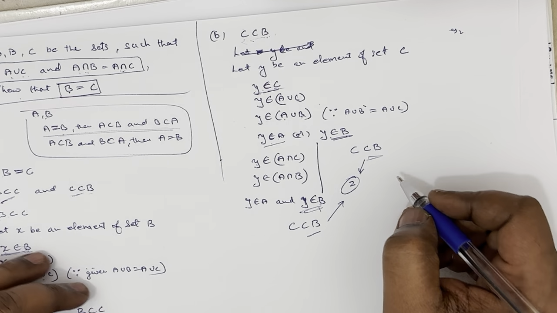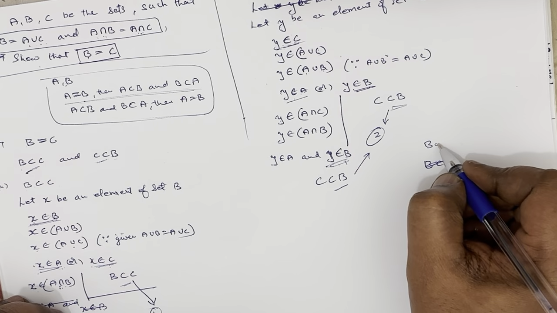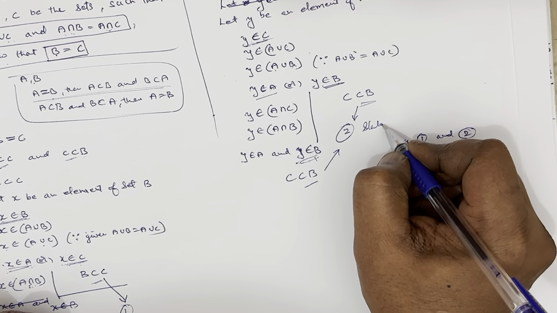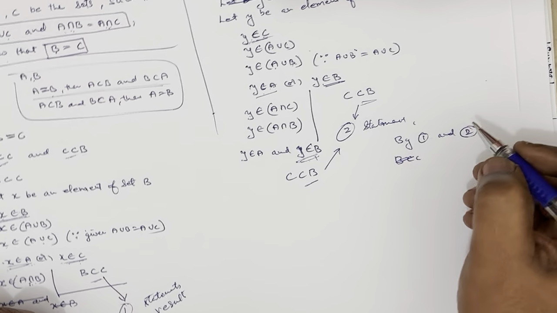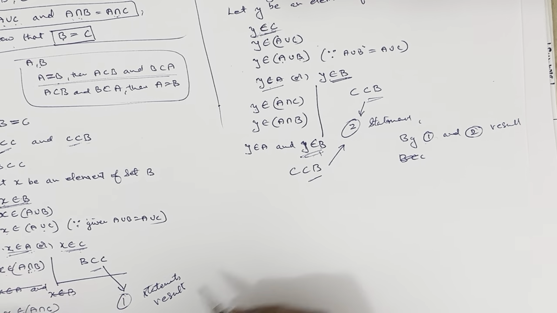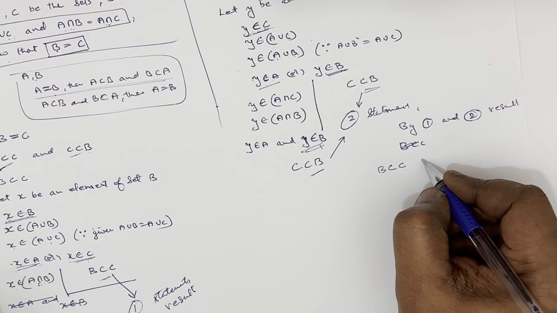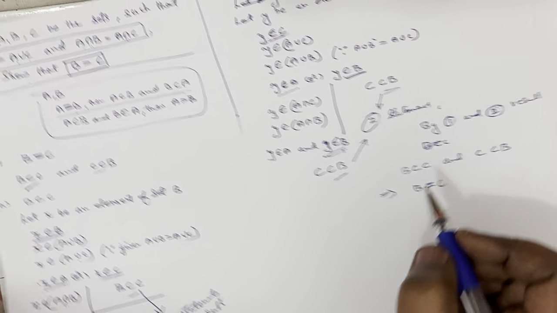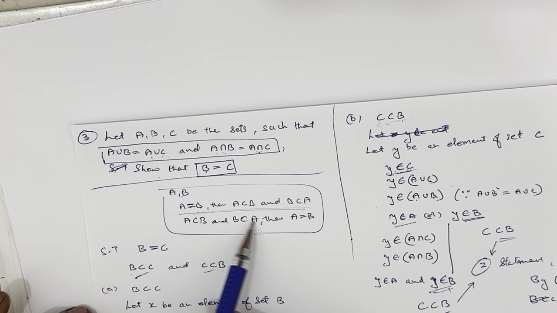Now according to the first and second results, we know that B is a subset of C, and C is a subset of B, which implies B is equal to C. According to our earlier property, if two sets are subsets of each other, then both those sets are equal.